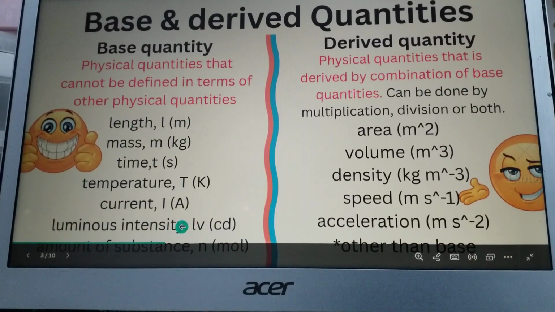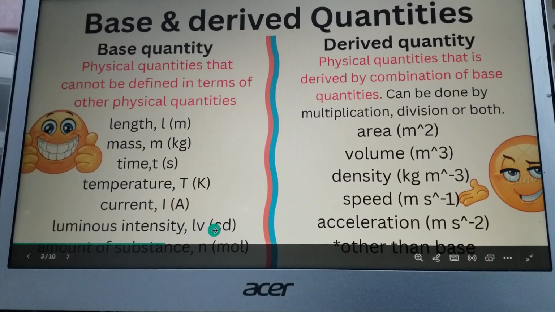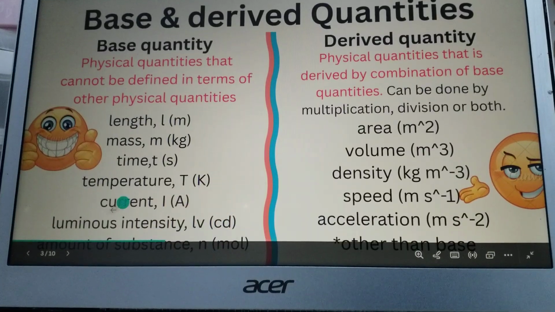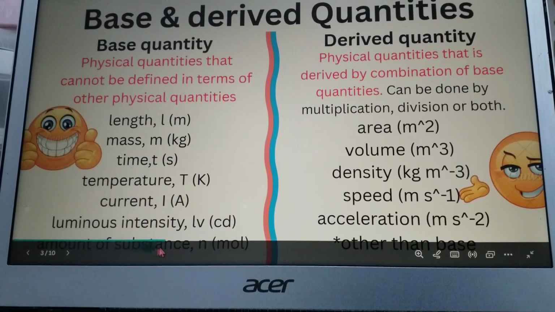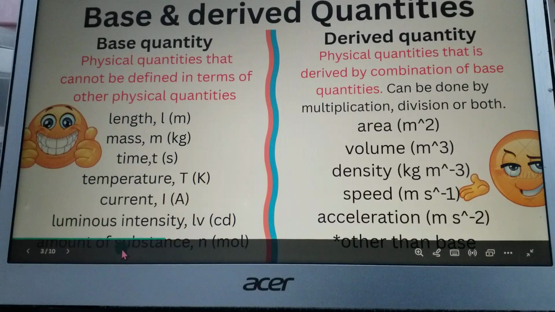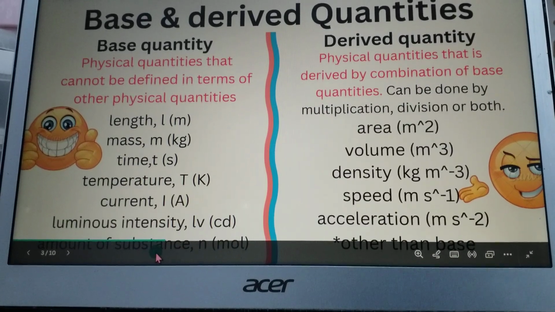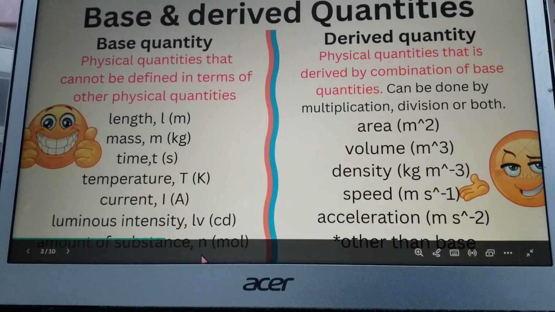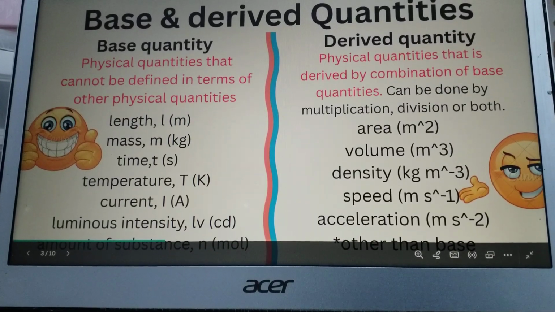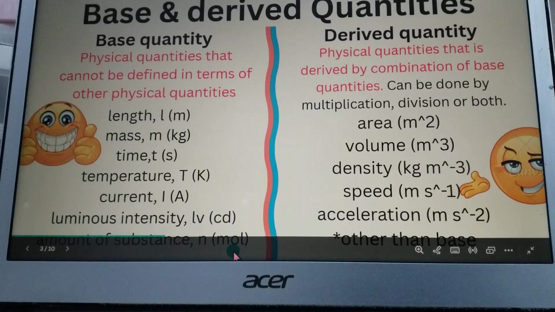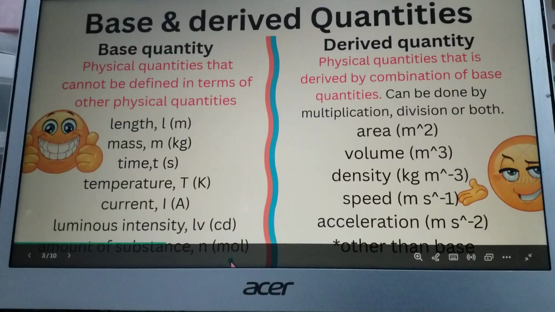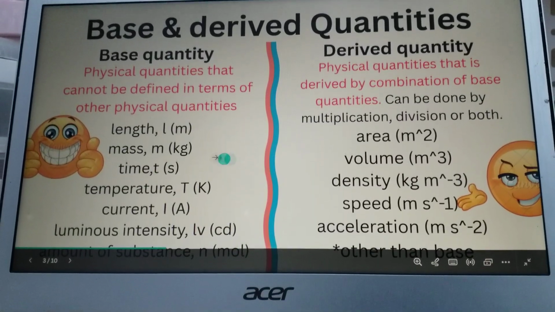The symbol is Iv, like Louis Vuitton, and the unit is cd, candela. And lastly, amount of substance, or you could say number of moles, as we learned in chemistry. The symbol is n, small n, and the unit is mole, written as mol.